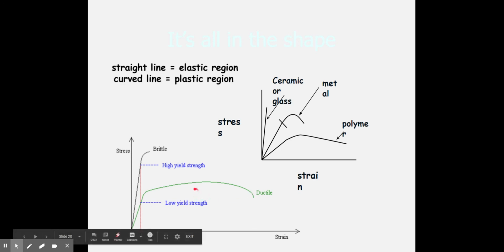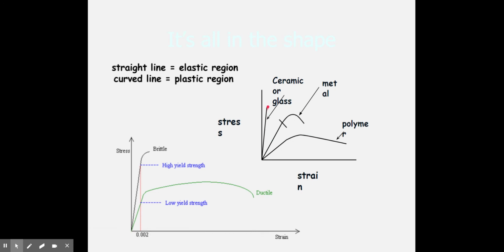Obviously, a brittle object here, and over here a ductile object. So here's just a set of curves. You're noticing that ceramics and glass, which are mostly brittle, tend to have something that looks like this. And then metals, because you've got some ductility and malleability, will deform until finally they break.